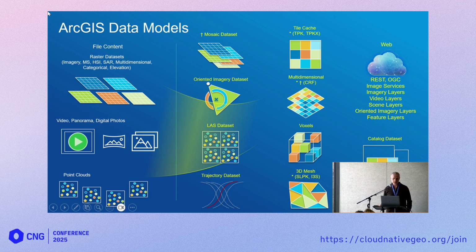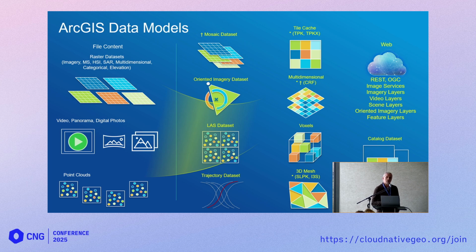I've talked a bit about Mosaic dataset. It's kind of a hero in our ecosystem, very versatile. We also have one to support perspective imagery, things that are captured from an oblique nature or from motion video or from panoramas, and really impart all that context around the viewing angle, direction, and scale.